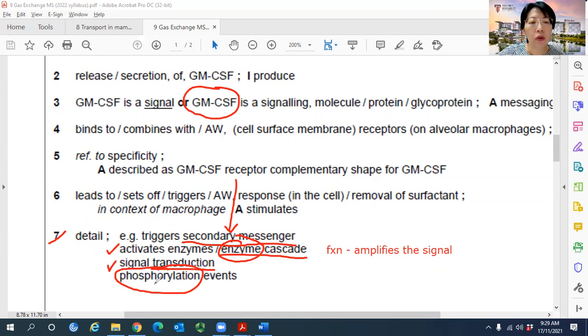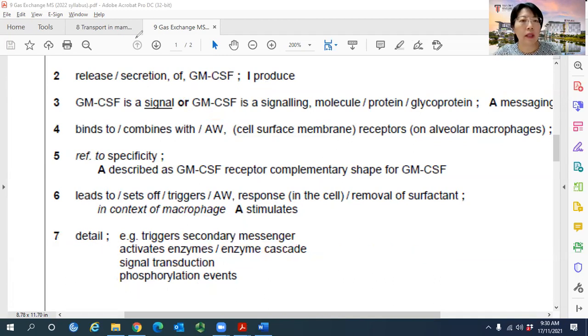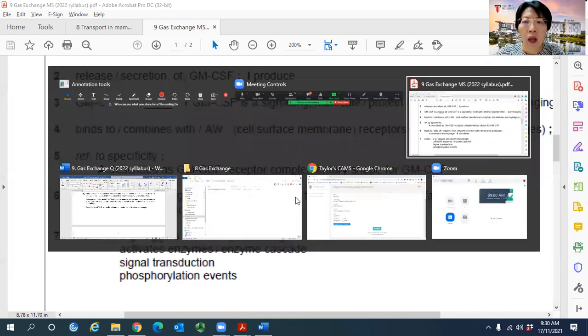If you have not learned it, it's okay, because you learn this again in your A2. Phosphorylation is a detail that you learn in A2. So a series of phosphorylation will occur, and a lot of enzymes will be produced. This is called signal transduction, conversion of the signal, and it also leads to amplification of the signal in this process. Okay, so that's the revision of cell signaling for this question.